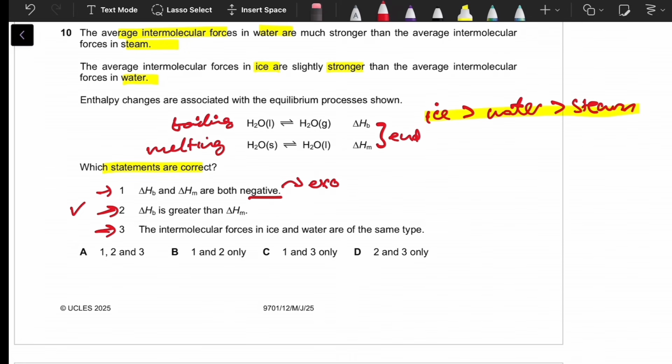This is also true. They both have hydrogen bonding. The hydrogen bonds in ice are slightly stronger on average, but they are still the same type. Therefore, both statements 2 and 3 are correct, and option D must be the correct answer.